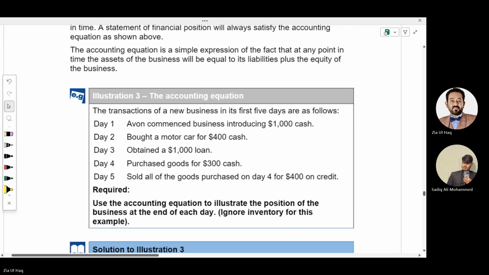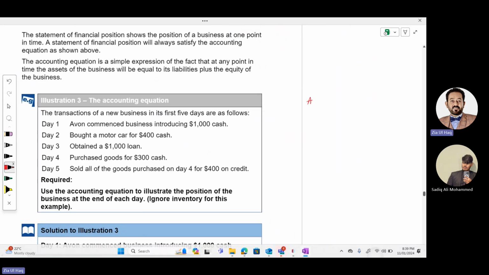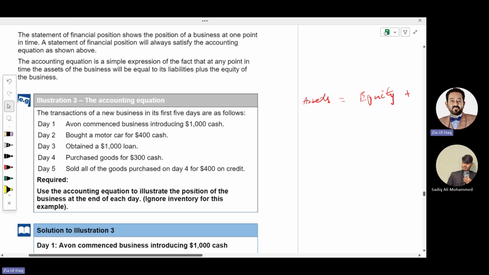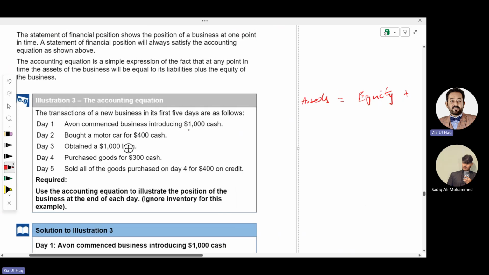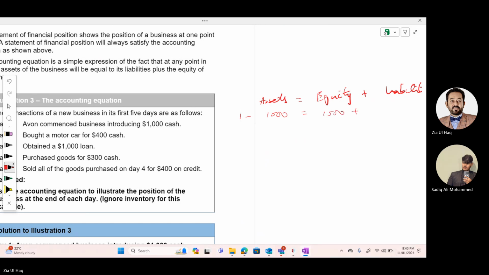So let's maintain the accounting equation from this question. Assets is equal to equity plus liabilities. Number 1, Avon commenced business introducing 1,000 cash. So cash is coming, asset 1,000 coming. From where? From owner. So that will be called equity, capital, plus 0.